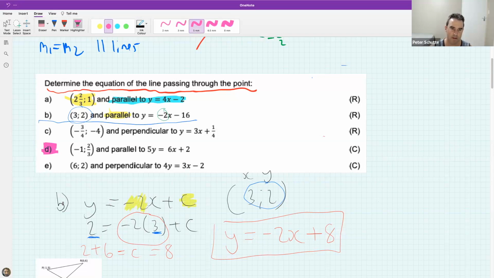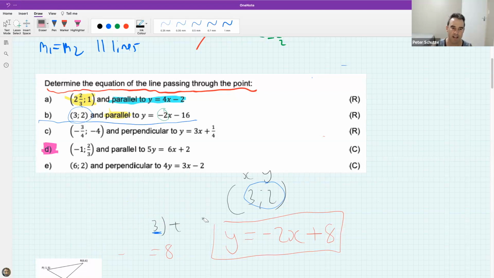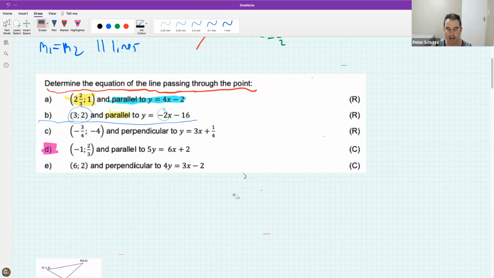That is exactly the problem that I'm feeling a bit uncertain about. I feel in order for me to grab the gradient, I need to change it into standard form. And the way I do that is I get rid of this 5, and all I need to do is bring the 5 to the other side, but I need to divide both sides by 5.